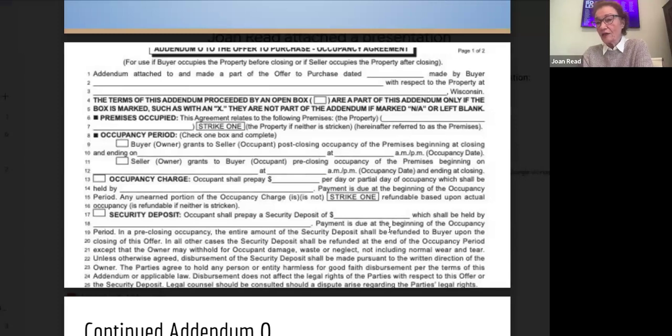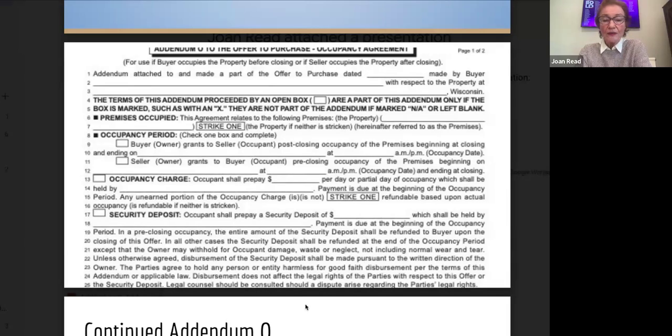But if you are negotiating a longer occupancy, like anything more than a week, and some occupancy periods can be very long, they can be months, then you do want to have an occupancy charge, and you do want to have a prepaid security deposit, which will be held by, and sometimes it's the trust company or whatever.